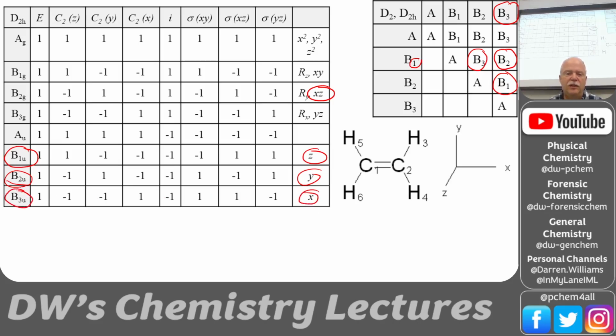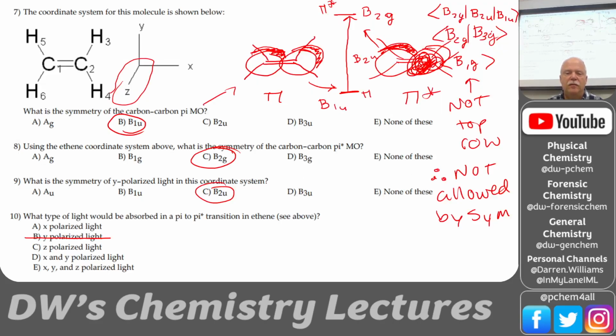So let's do that one just to make sure we're right. So the top level is B2G. We need a light that's B3U. That was X light, X polarized light. And B1U is our lower state.